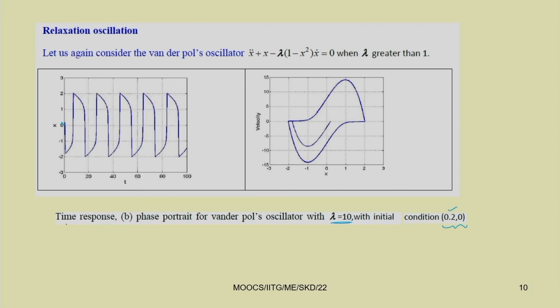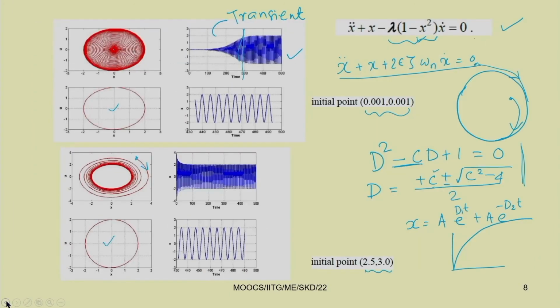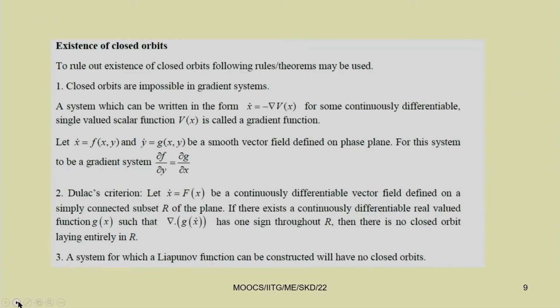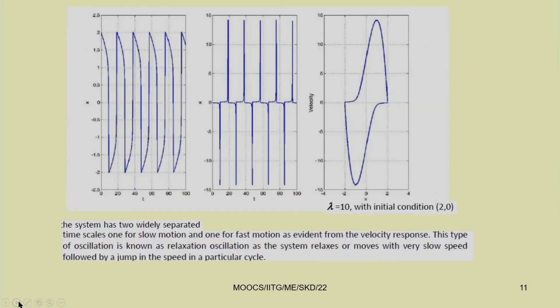You can see the time response plot. Physically it is different from the plot you saw in the previous case, where the time response was in the form of sine and cosine. In this case the response is slightly different.